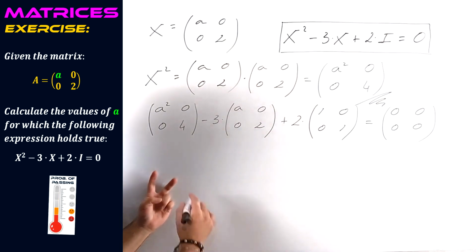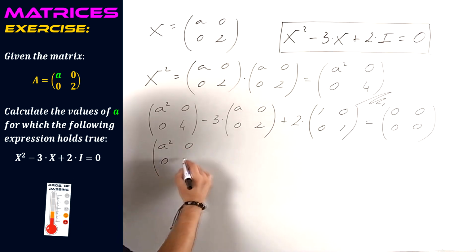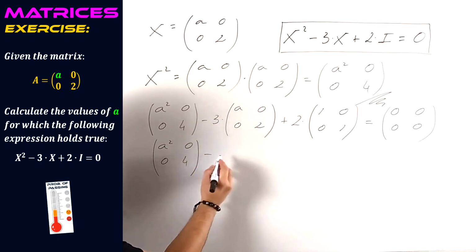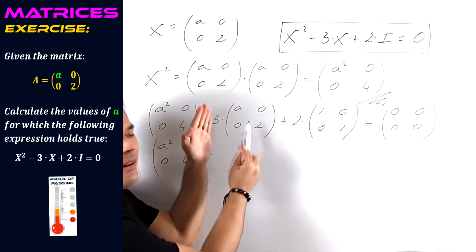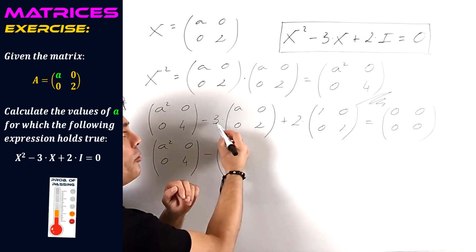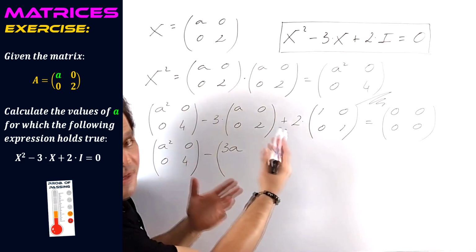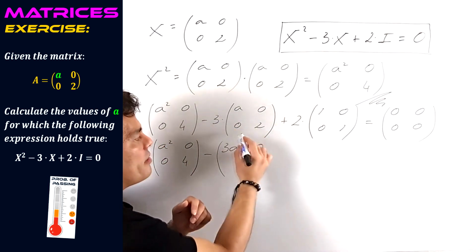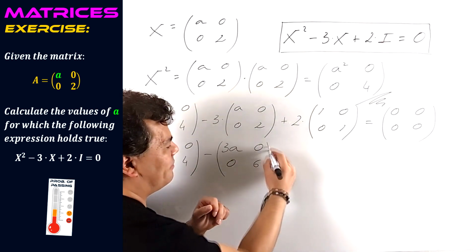Let's rewrite this matrix. A squared, 0, 0, 4, minus, and we're multiplying by 3 every element inside. That is 3 times A, 3A, 3 times 0, 0, 3 times 0, 0, and 3 times 2, 6.